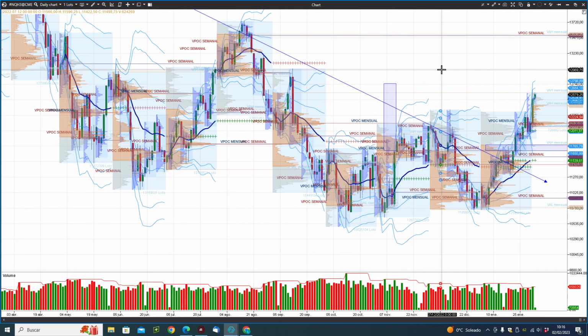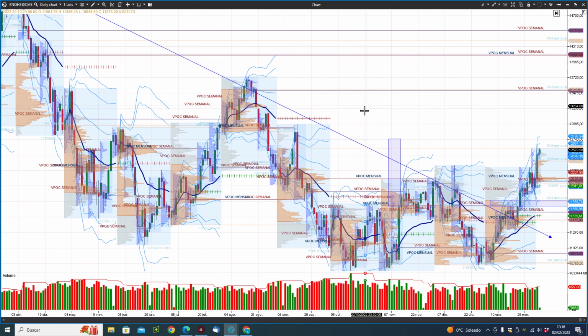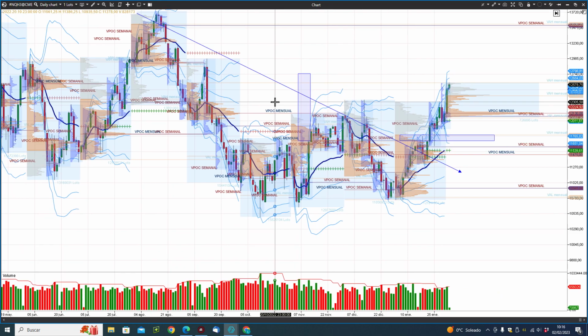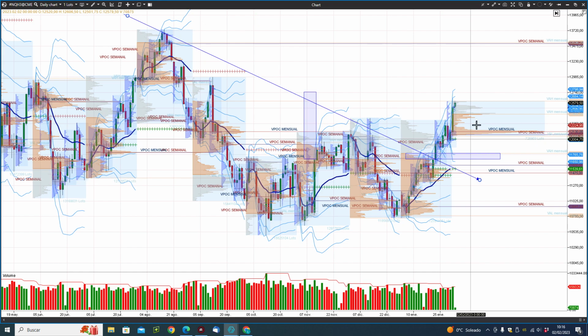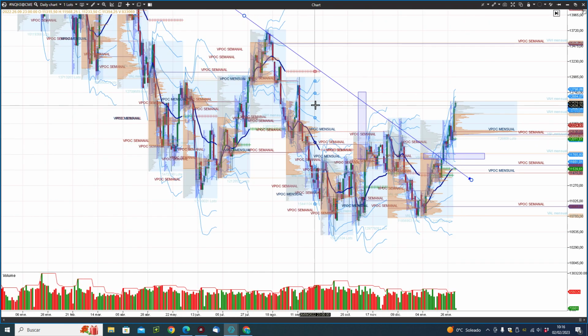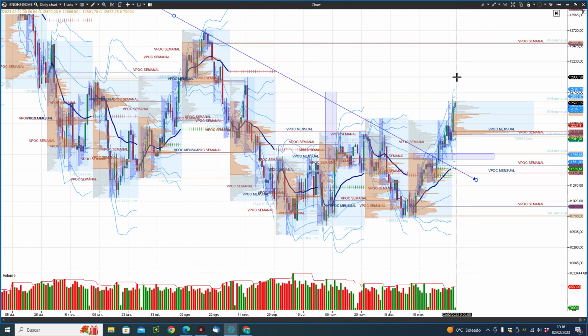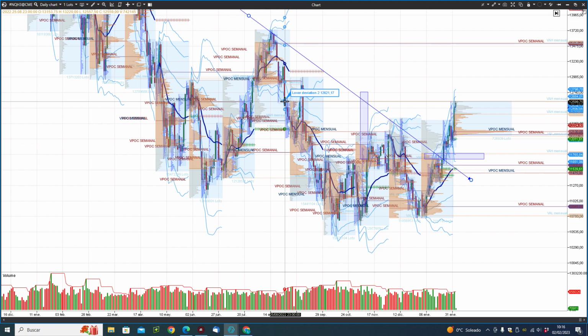Let's see what happens with Nasdaq. Nasdaq, here again we can see this downtrend line was broken, and we can see here a monthly VPOC exactly in the zone we are, and if the price continues rising, next step would be this final of monthly VWAP about 13,062.